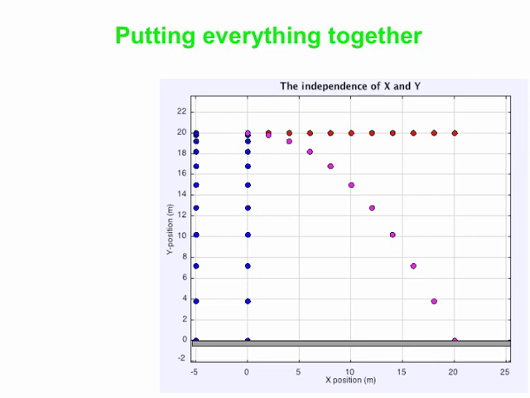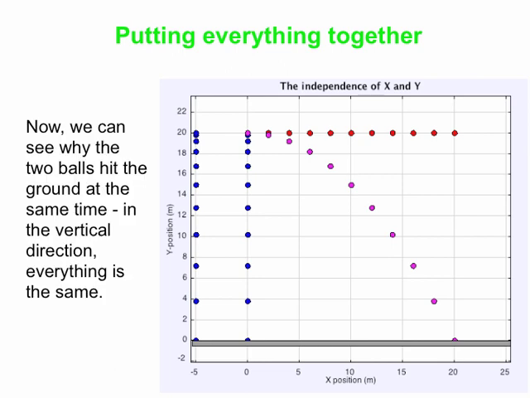It has nothing whatsoever to do with what's going on horizontally. So this is the power of the idea of the independence of x and y. What happens horizontally has no effect whatsoever on what's going on vertically.